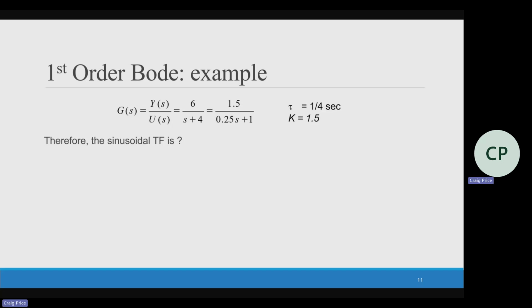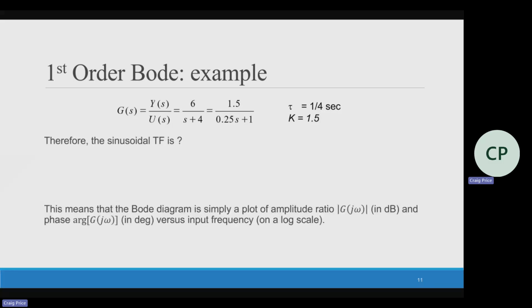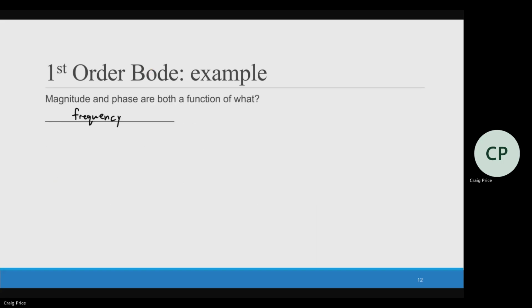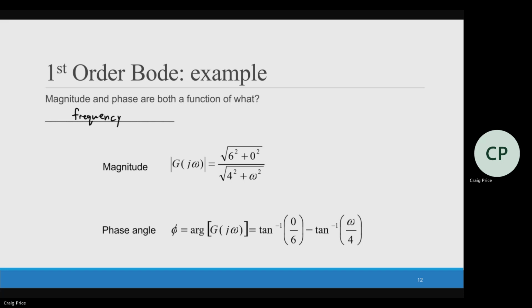Now, if I was doing the method we were talking about last time, I take this transfer function, I change the s's to omega i's, and what we can do is plug in different omegas here to see how that affects the magnitude and the phase. And so the equations would look something like this, where I'm finding the magnitude, I'm finding the phase angle, and both of them are based on the frequency.